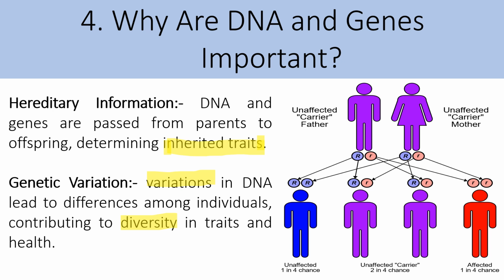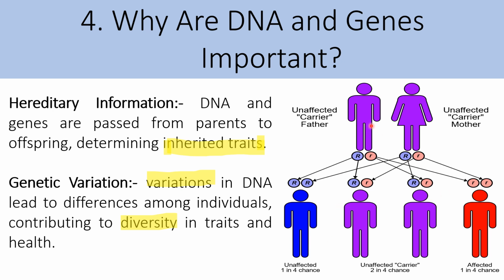Now let's see why DNA and genes are important. Firstly, the hereditary information: DNA and genes are passed from the parents to the offspring, determining inherited traits. Here you can see the parents. From the parents, genes are transferred to the offspring. Here you can see these are the offspring.